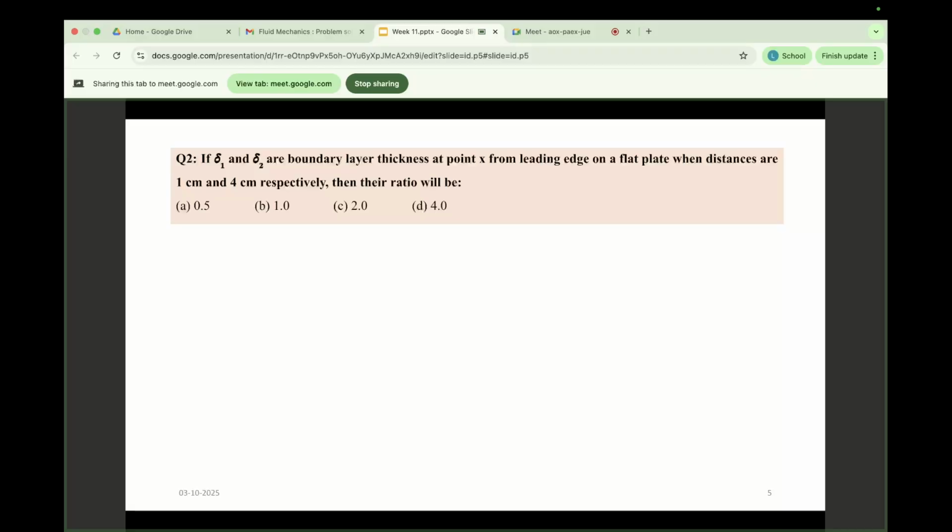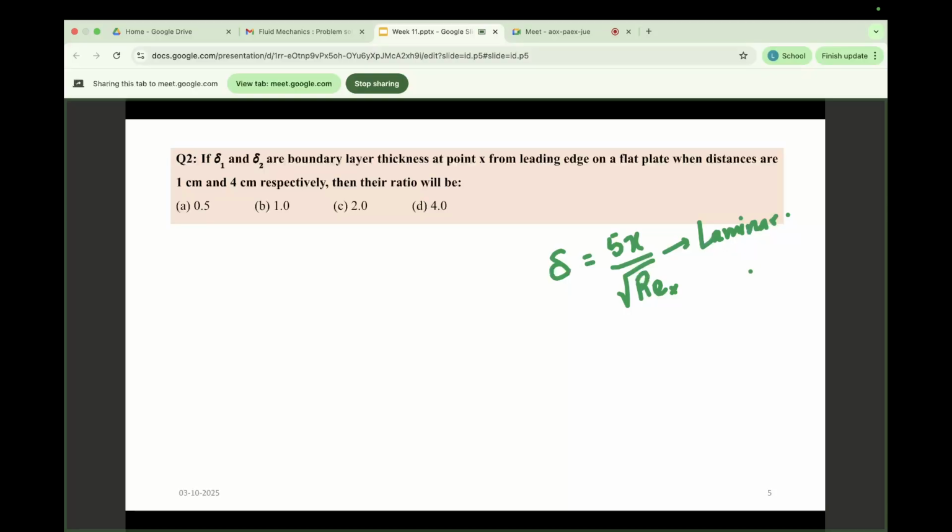Okay, I'm giving you this formula. Basically this formula is delta equals 5x by root Rex, which is for laminar flow.